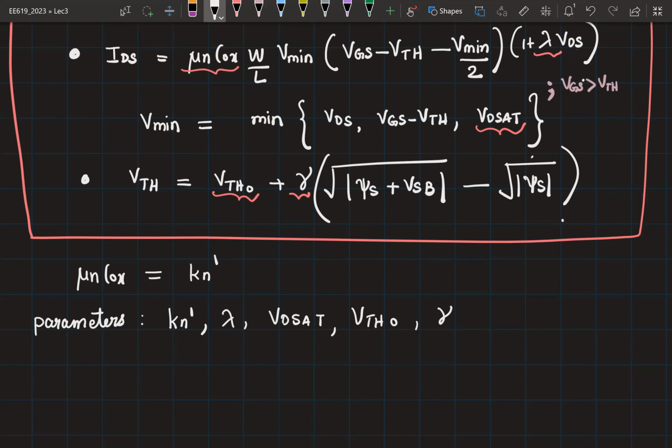Can you tell me the signs of these parameters? Kn prime is positive, lambda, VDSAT, VTH0, and gamma is also positive. Okay. Now all of these are empirical parameters, which means they are fitted based on the measurement data, right? And this model consisting of these 5 parameters is what we call the level 1 model.